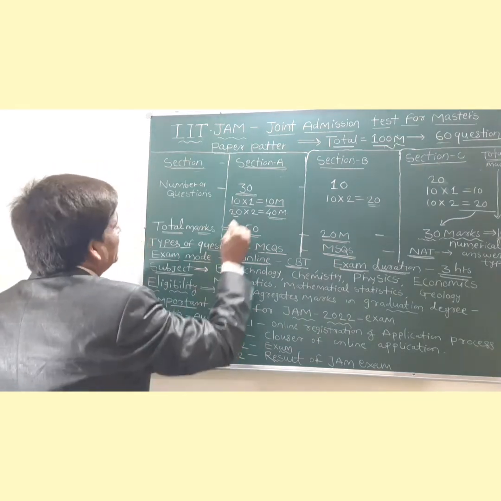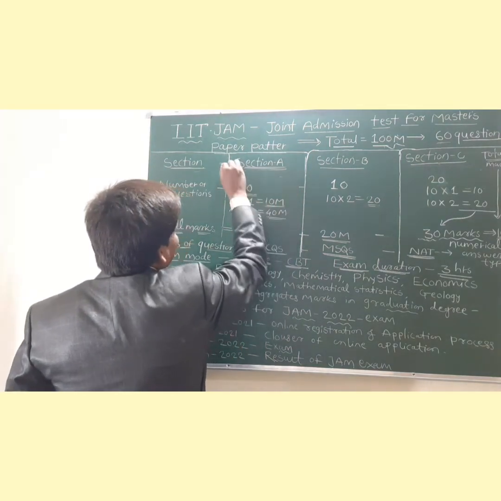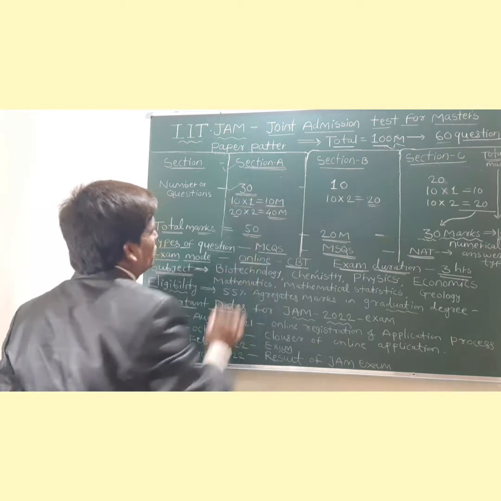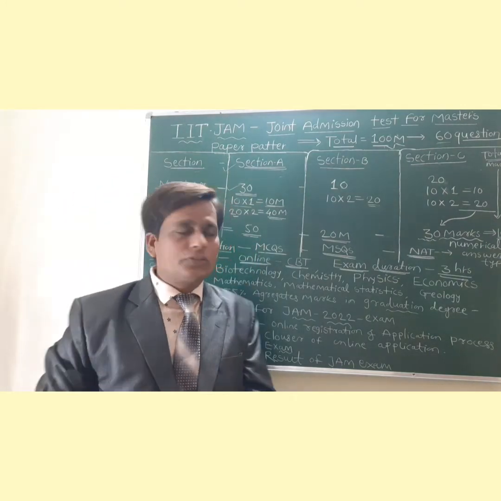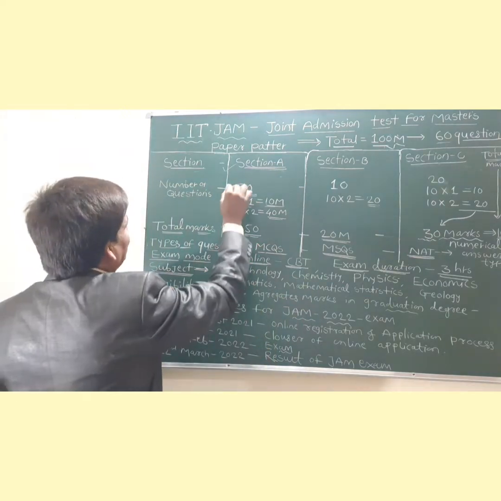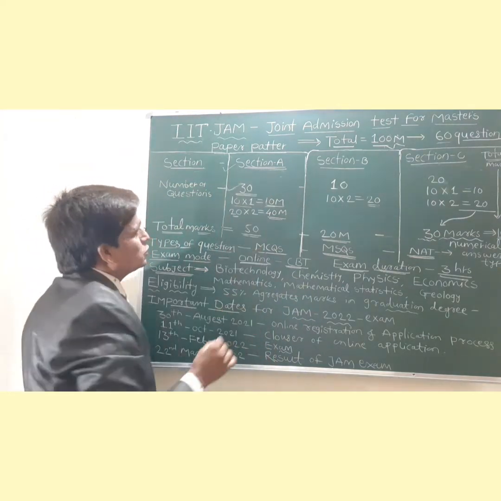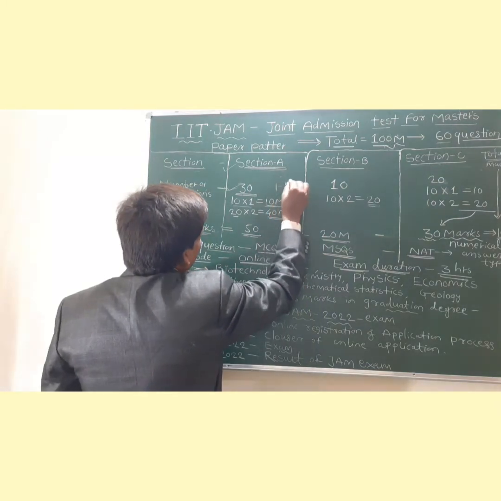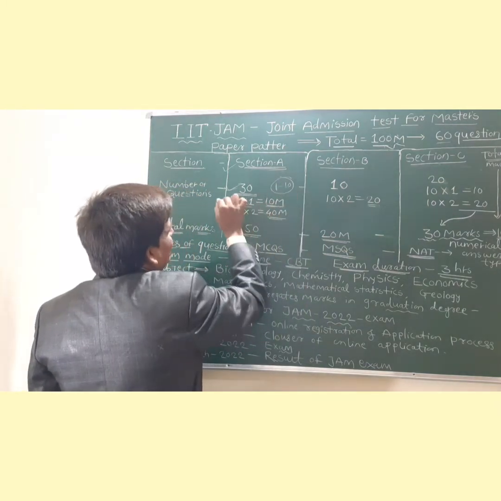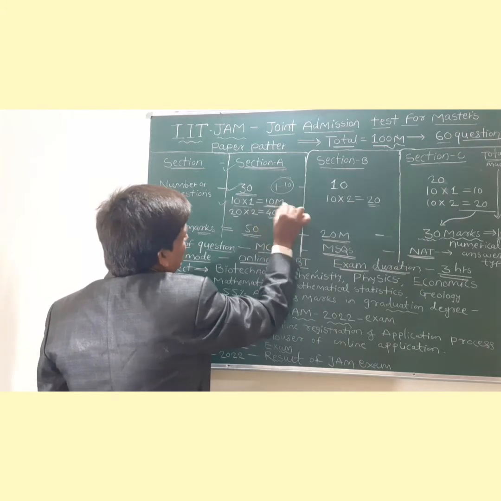See students, section A carries a total of 30 questions, all MCQs, that means multiple choice questions. The first 10 questions, 1 to 10, are 1-mark questions, so total 10 marks.